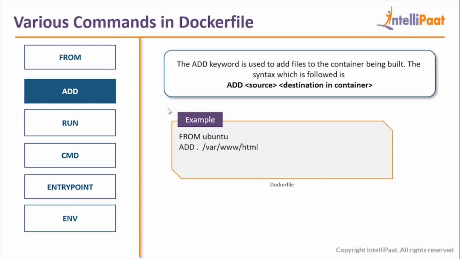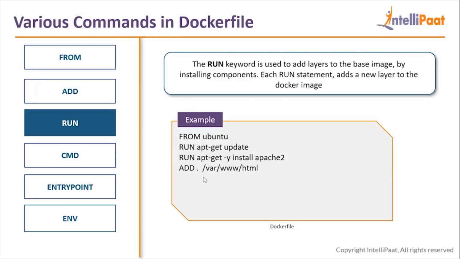So for doing that, with the command ADD, the first argument would be the place where the files are present, and the second argument would basically be the location inside the container where you want all those files to be copied. All right, so ADD space dot means take all the files from the current directory and put them inside /var/www/html. So this is what the ADD command does.